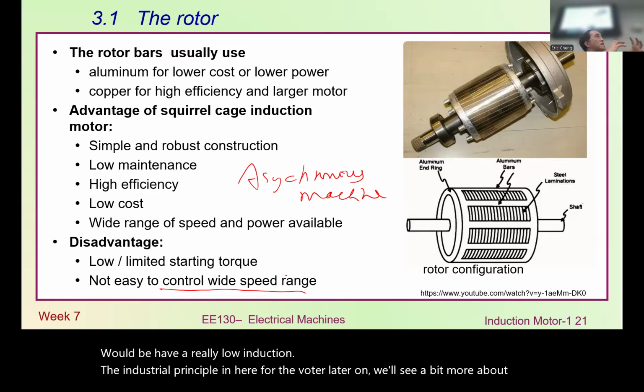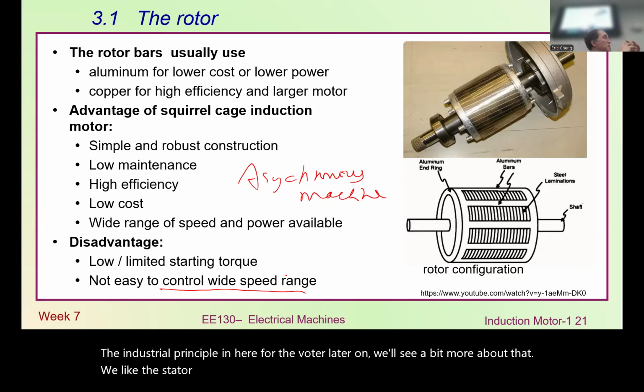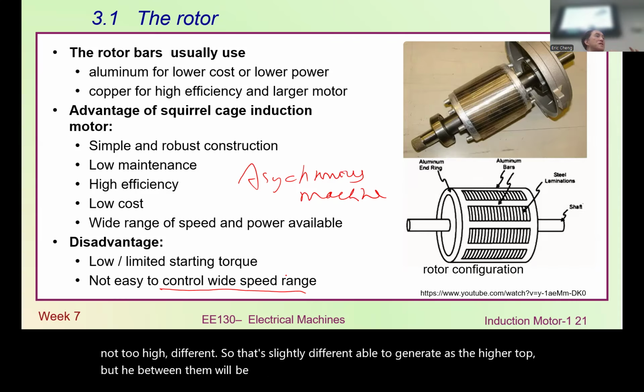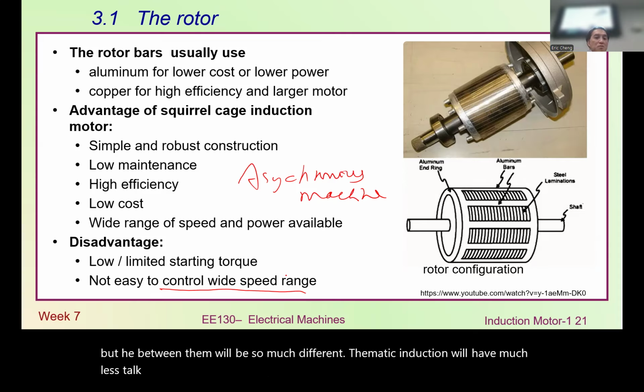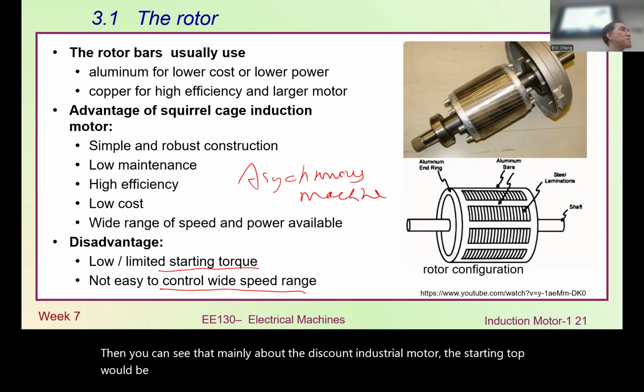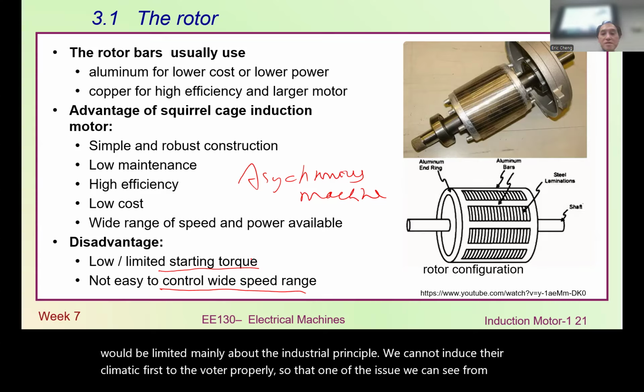We like the stator and rotor to have slightly different frequency, not too different. That slight difference is able to generate a higher torque. But if there is so much difference between them, the magnetic induction will generate much less torque. You will probably see the equation in the next few lectures. But here you can see that for this kind of induction motor, the starting torque will be limited, mainly because of the induction principle. We cannot induce that force in the rotor properly. So that's one of the issues we can see from the rotor system.